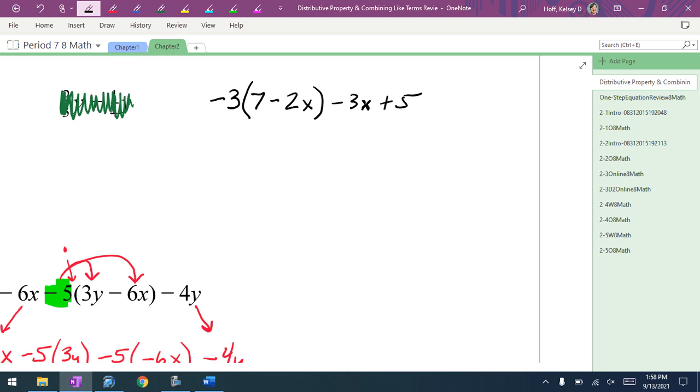Distribute to get rid of the parentheses, then combine like terms. And I'm going to check with you in just a couple of minutes. Distribute, watch your signs, and then combine like terms.